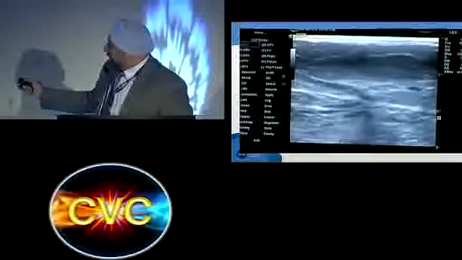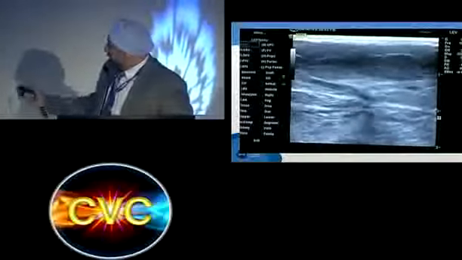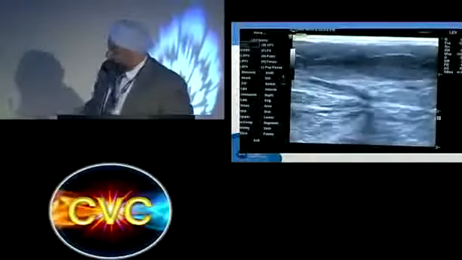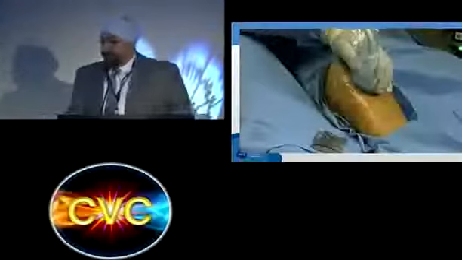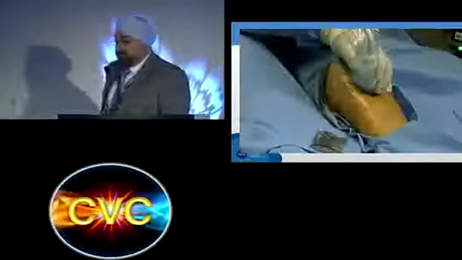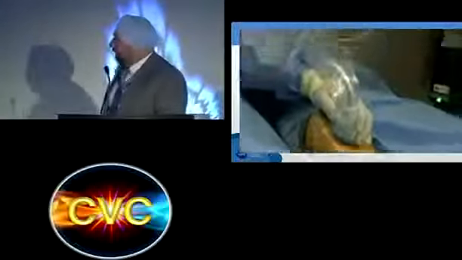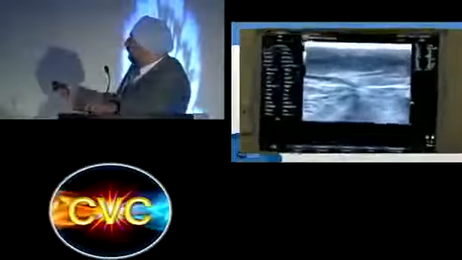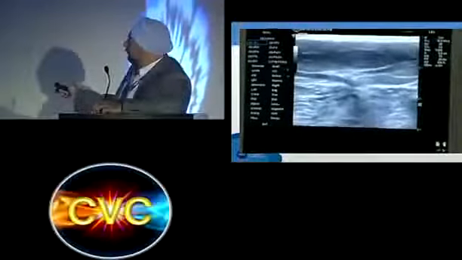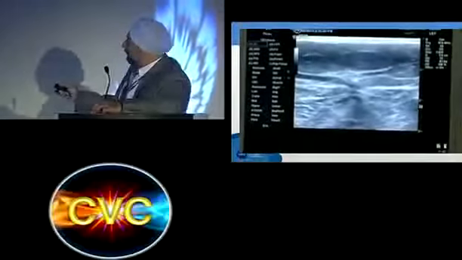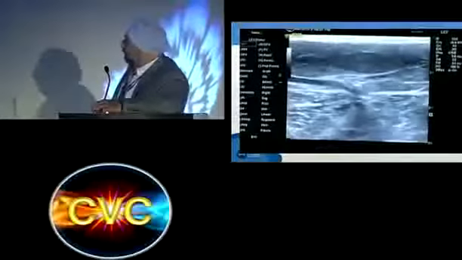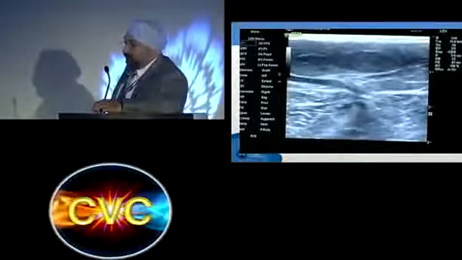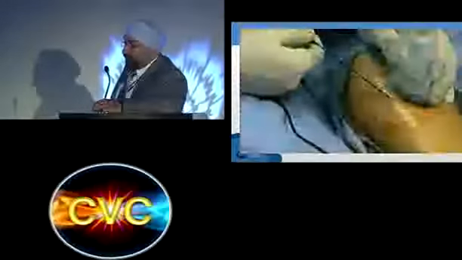And I can see the fascia right there, and that's where we're going to go in with the ablation. So I've adjusted my probe position so that the vein is at the edge of my screen. As you look up on the screen now, you will see that there's the fascia, there's the perforator coming in, and I will now position my needle in such a way that it goes right into that fascia.